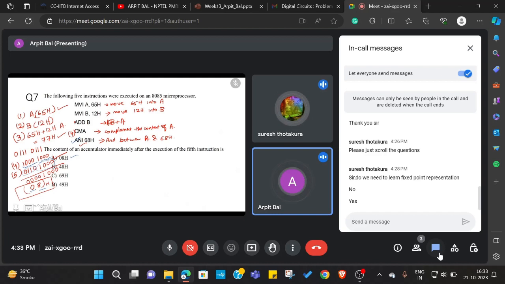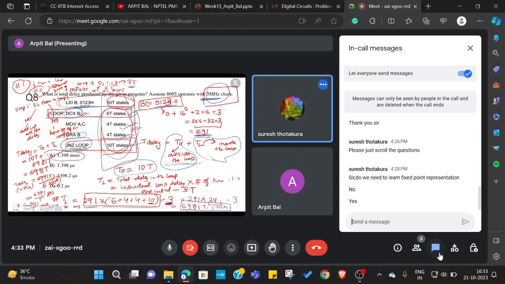So a lot of theory stuff. Week 11 was 8085, content of accumulator. It depends on what kind of question appears, and based on that you need to solve. So we just took one question. Then the next thing that I thought is important is related to delay calculation.